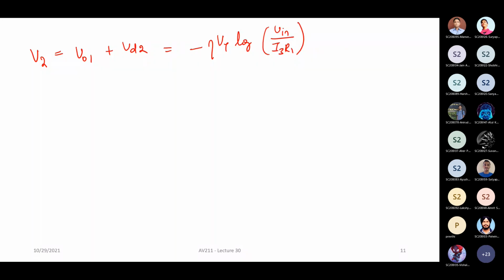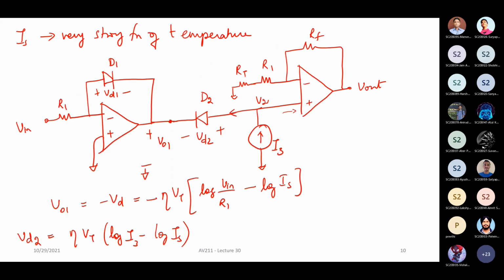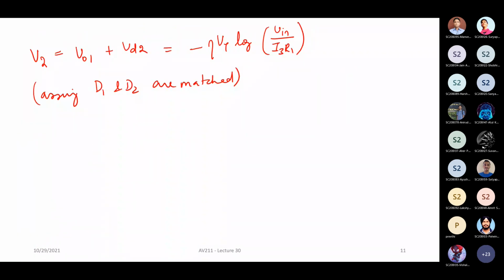Now this is assuming D1 and D2 are matched. So basically what happened here? V01 is this quantity, VD2 is this quantity. Let's say you're using the same diode, a matched pair of diodes, which basically means that log of IS is equal to each other, or at least fairly close to each other. Now you end up with this.